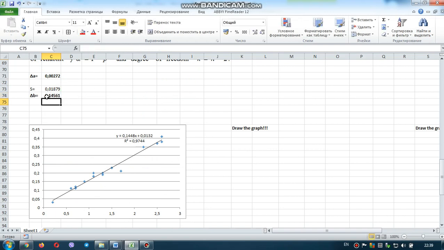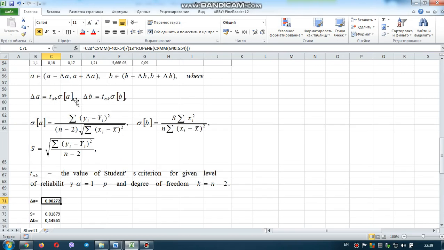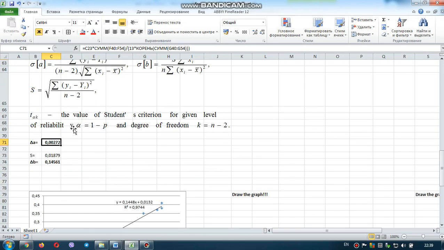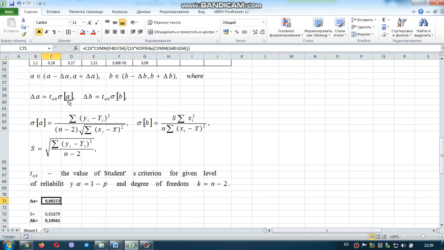So we have already calculated the a and b values, and we can say that the a value may vary in the confidence interval between a minus delta a and a plus delta a, as well as b. It can vary within the interval b minus delta b and b plus delta b.